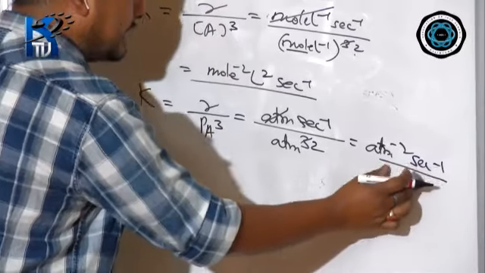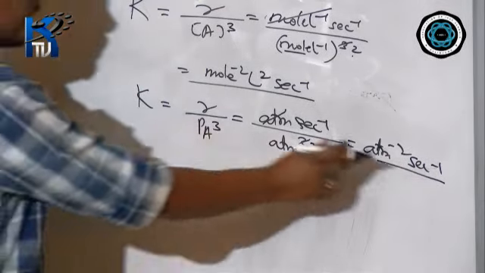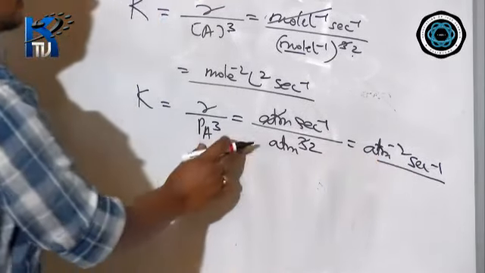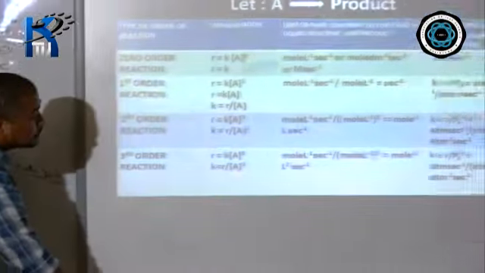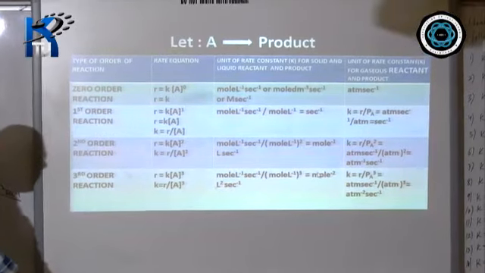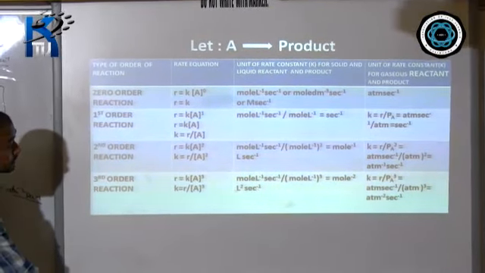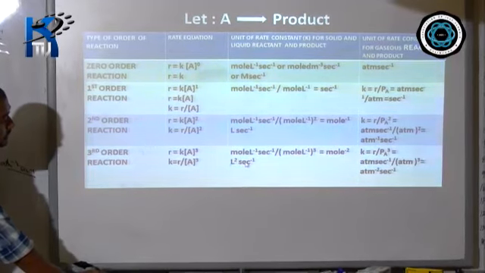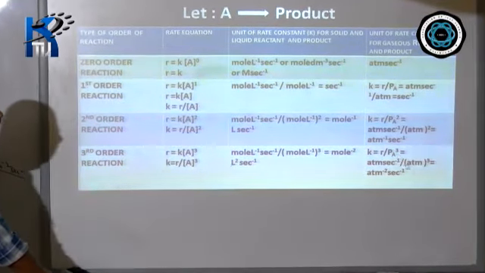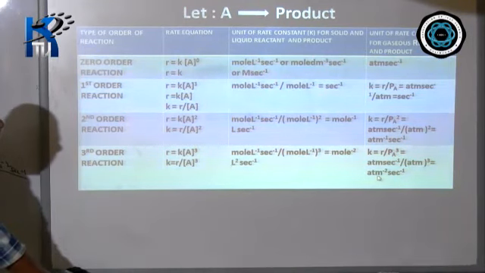Second inverse. And this is the unit of rate constant for gaseous reactant and product if it is third order reaction, which I have shown you here, students. So the unit of rate constant for solid and liquid will be mole inverse 2 liter square second inverse for third order, and for your gaseous reactant and product, the unit will be atmosphere inverse 2 second inverse.